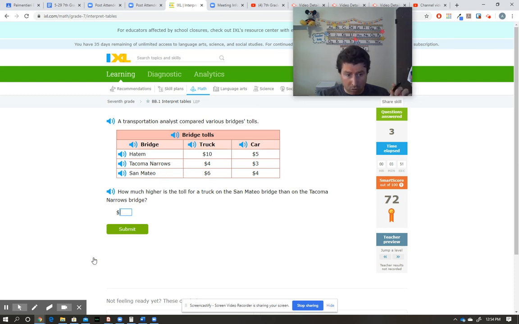We're talking about a truck. That's the first thing we want to know. And on San Mateo, which is here, that's $6. Then on the Tacoma Narrows, so those are the two numbers we need, 6 and 4. We want to know how much higher the toll is for the truck on the San Mateo Bridge than the Tacoma Narrows Bridge.